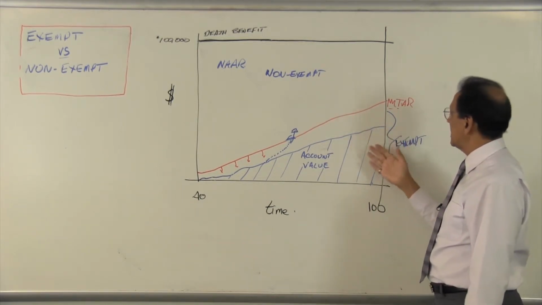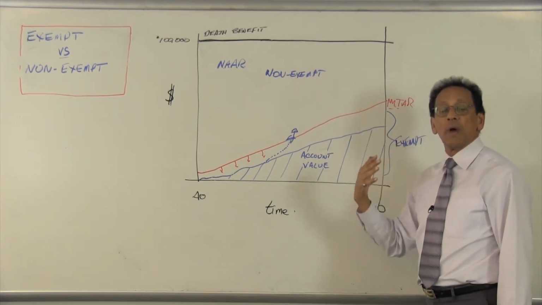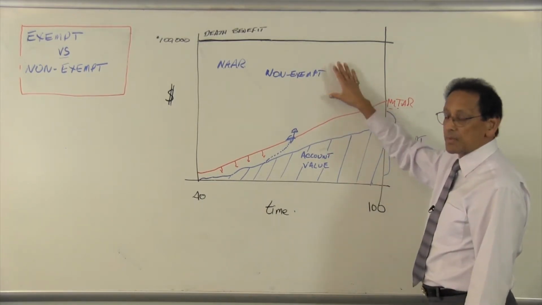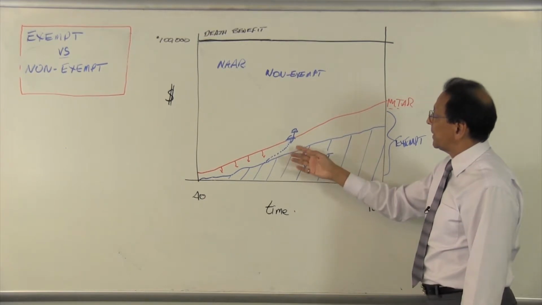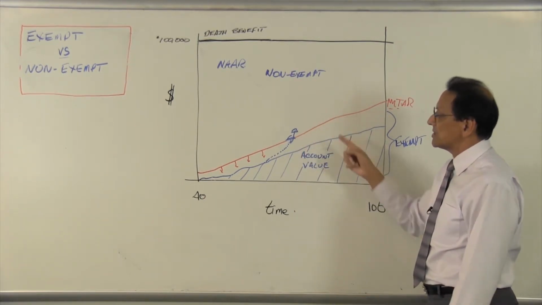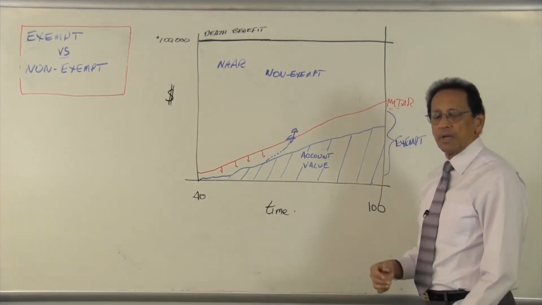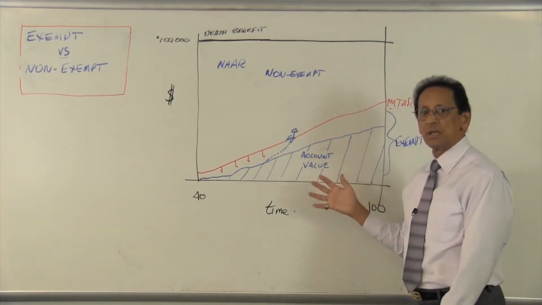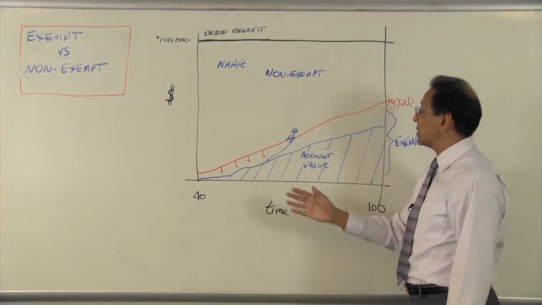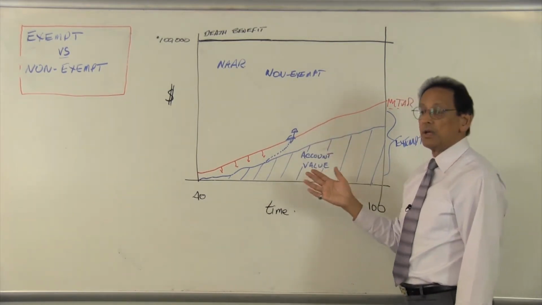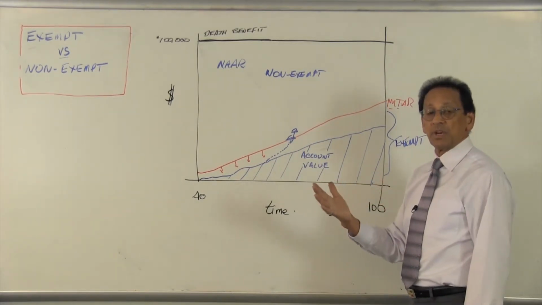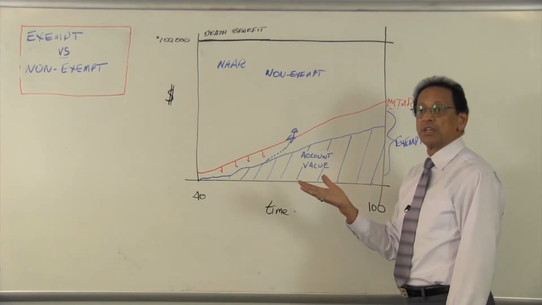If the policy is exempt, it means there's no annual tax reporting. If it is in fact non-exempt, your client will have to pay tax every time on the increase of these values. And so insurance companies, in fact, track this, and they notify clients to say, hey, you're getting too much cash in the account. Your policy could, in fact, become non-exempt, and therefore you're going to have to pay tax on the accumulation each year.